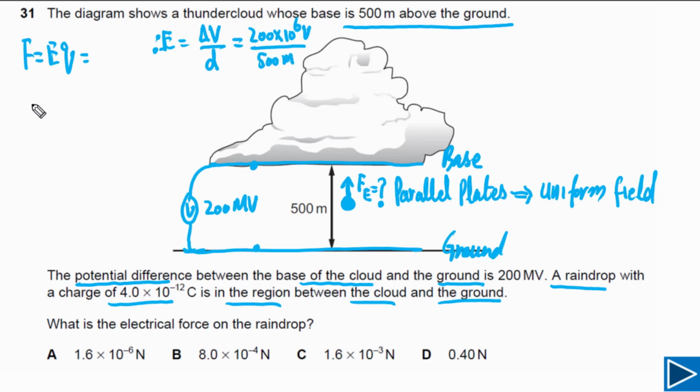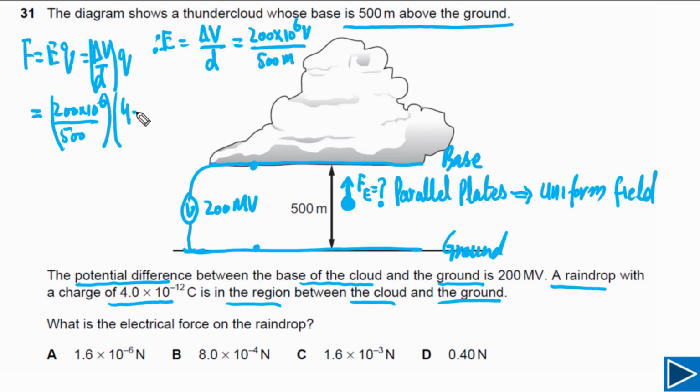Now we simply need to plug in values and we can find the value of F. So we can write down here E is equal to delta V over d, and this is multiplied with Q. Delta V we have, this is 200 times 10 to 6. We need to divide by the distance between the two plates, meaning base and ground, and we need to multiply with the charge on the raindrop.